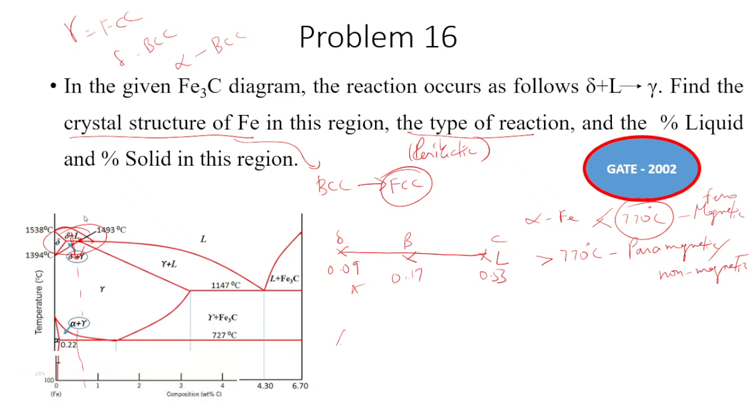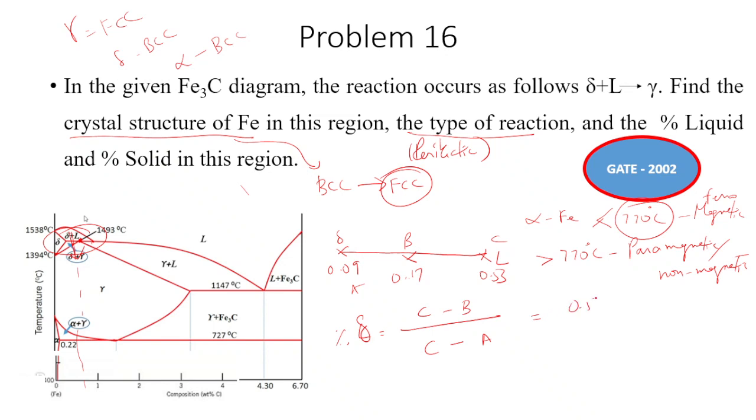We were talking about the percentage of solid, delta. It is C minus B divided by C minus A, the same lever rule.